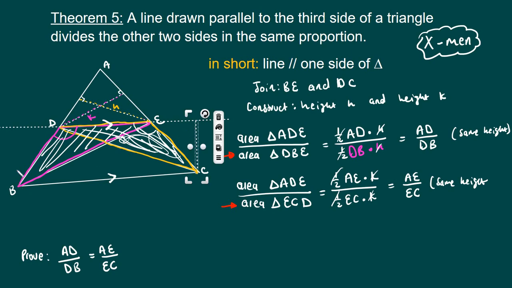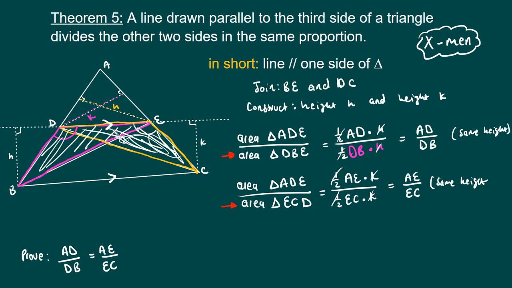Same thing for this one, I would have to have a height here constructed, and that height would be the perpendicular height. And then I could call it anything, h maybe, and then k.